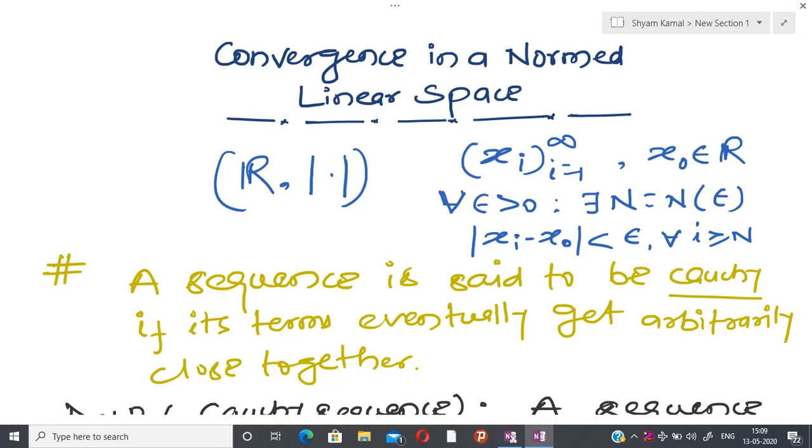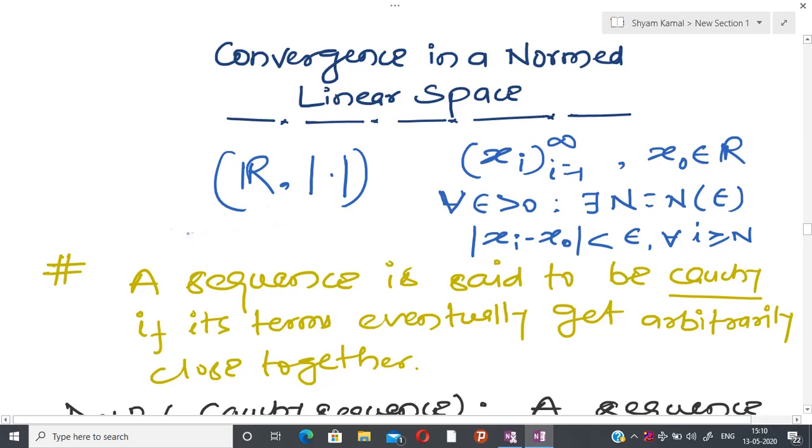If you see this definition carefully, it is necessary to have at hand a candidate for the limit of the sequence. If I do not know this limit x0, then it is very difficult to define the convergence for a sequence of real numbers.